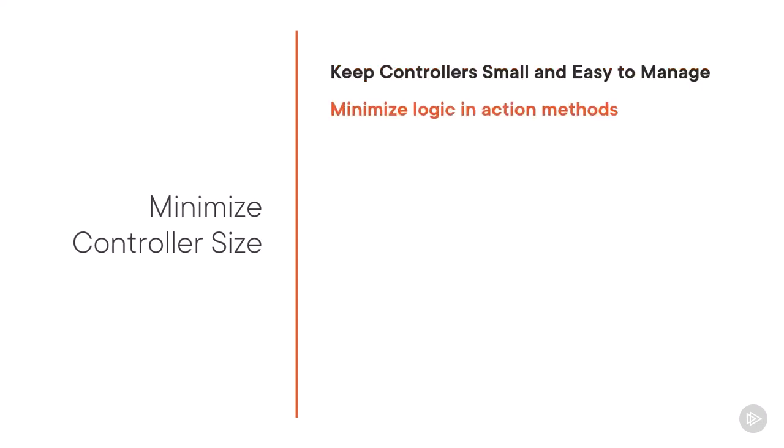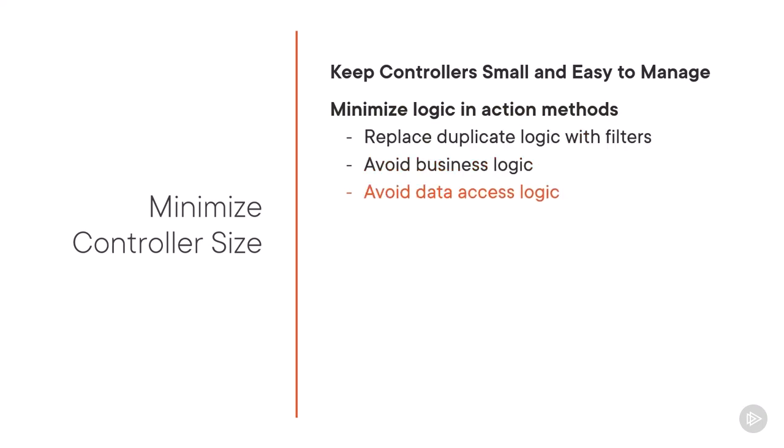Most controller actions should have no conditionals in them. Any common checks that you perform in multiple different actions should probably use filters that are applied to those controllers or actions where that behavior is needed. Action methods shouldn't have business logic or data access logic in them. If you follow these rules, you'll find that there's not much else to do conditionally within an action method.